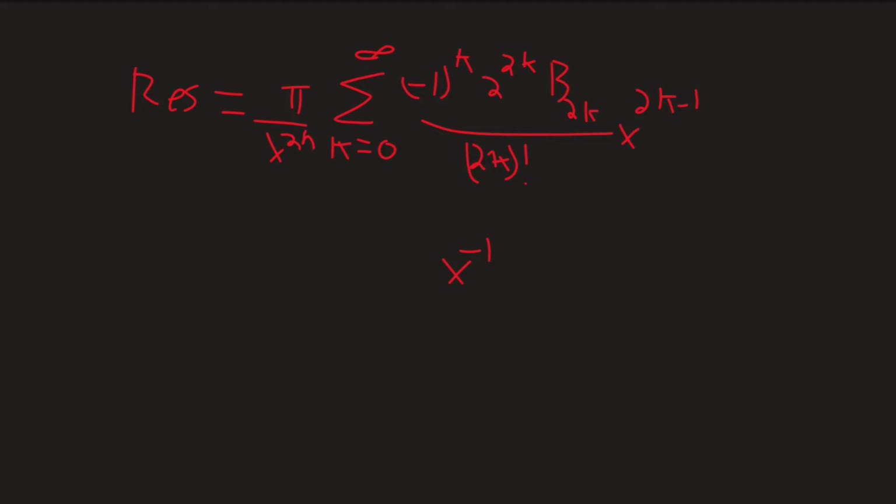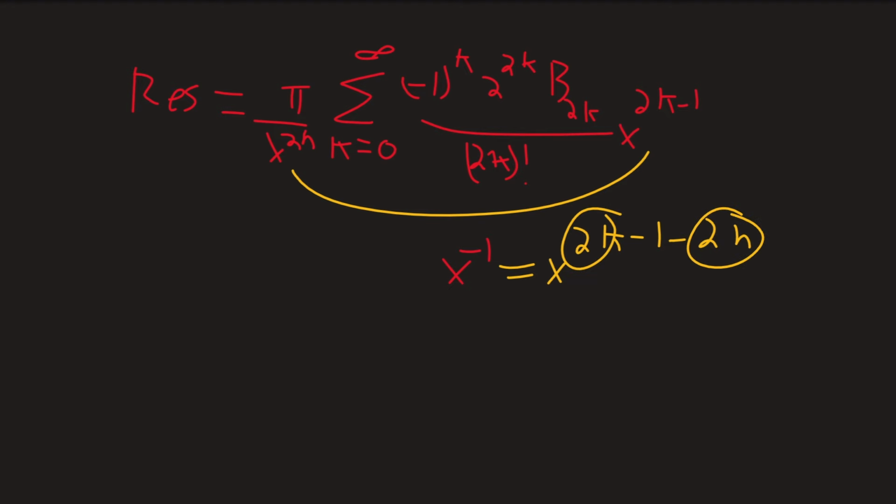And the reason I say that is because we can group our x's together, meaning that we want this x to the -1 to be equal to our x to the 2k minus 1 minus 2n. But what this implies is that 2k minus 2n is just equal to 0.